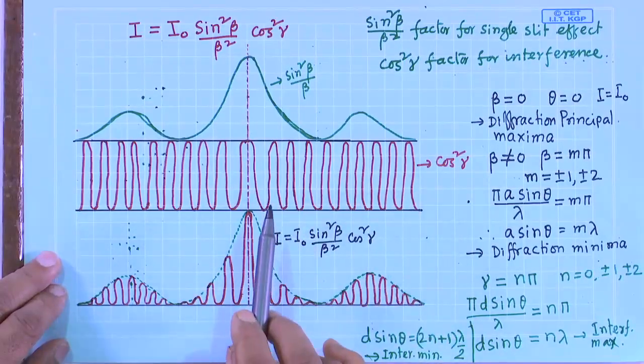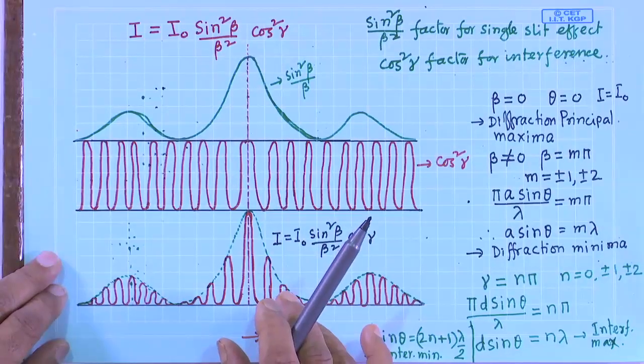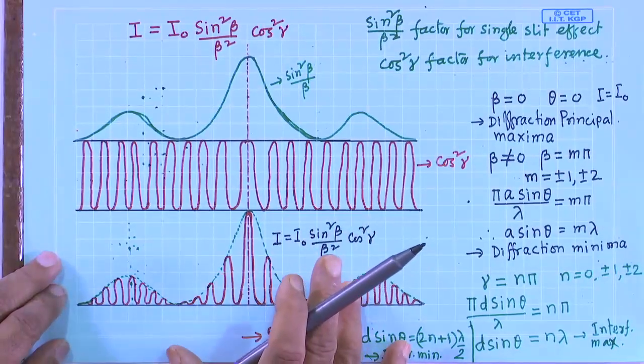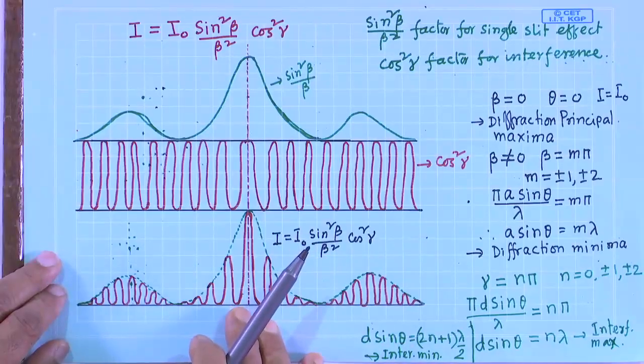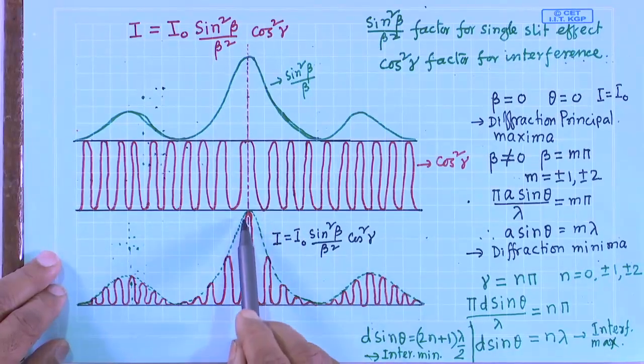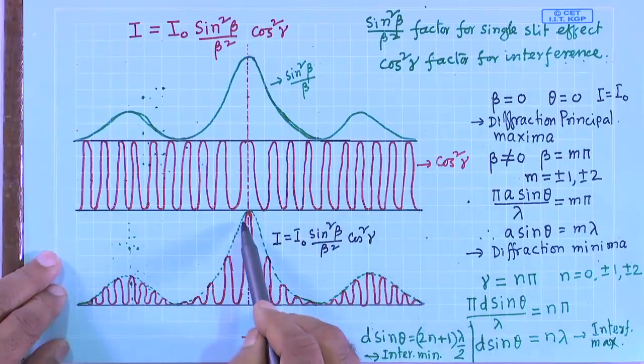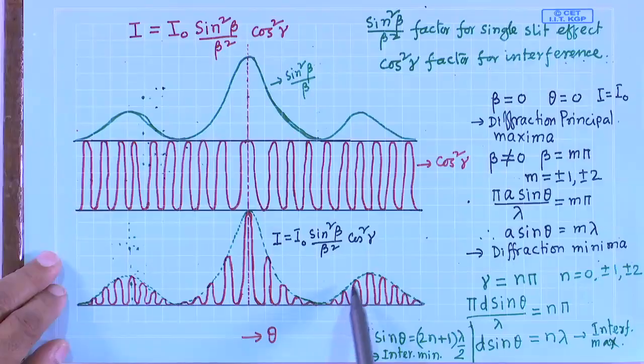So in double slit diffraction we are getting interference, but its intensity is not constant for all; it is drastically modulated by the single slit diffraction effect. So you will get this type of variation.